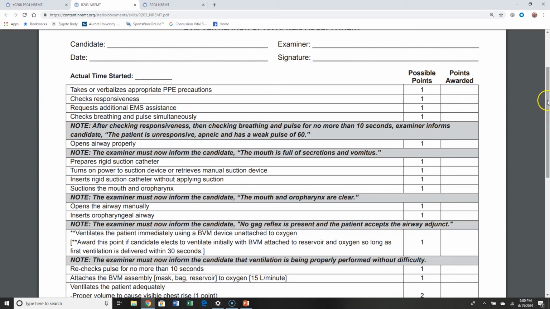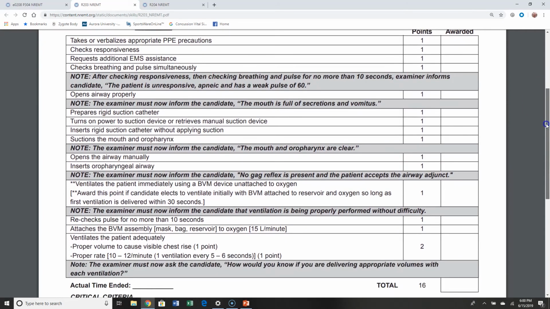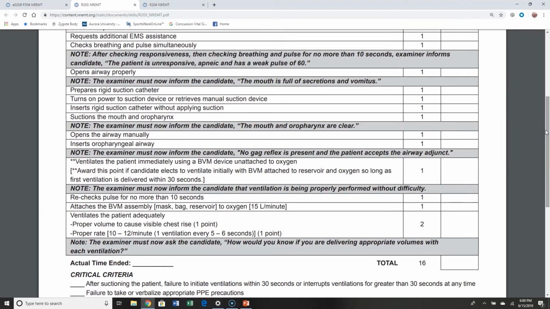Get that really good seal with the mask, which is very important, using either the EC clamp method or the two-handed jaw thrust maneuver that was mentioned earlier in the presentation.